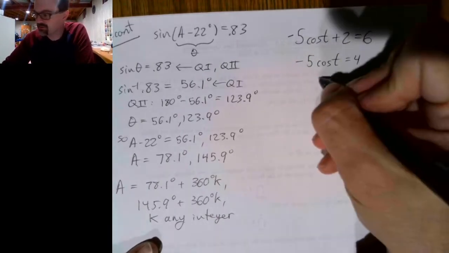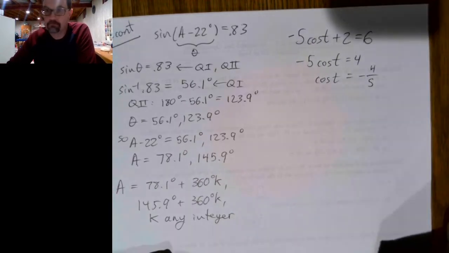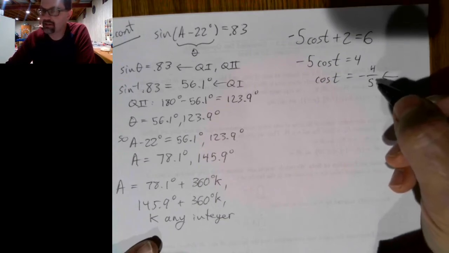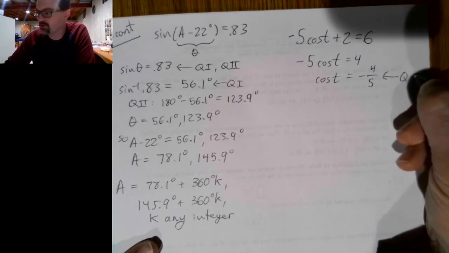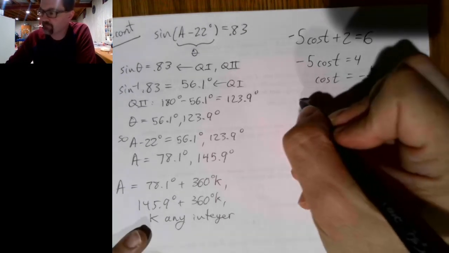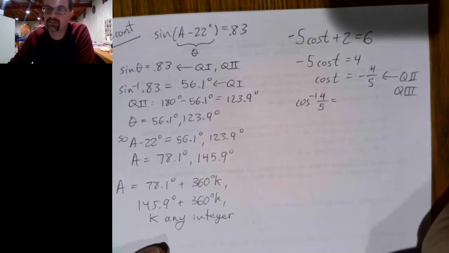Divide both sides by minus 5. And there we are. Now, cosine and a negative value, that is quadrant 2, quadrant 3. I'm going to do inverse cosine of positive 4/5 to get the reference angle for that.